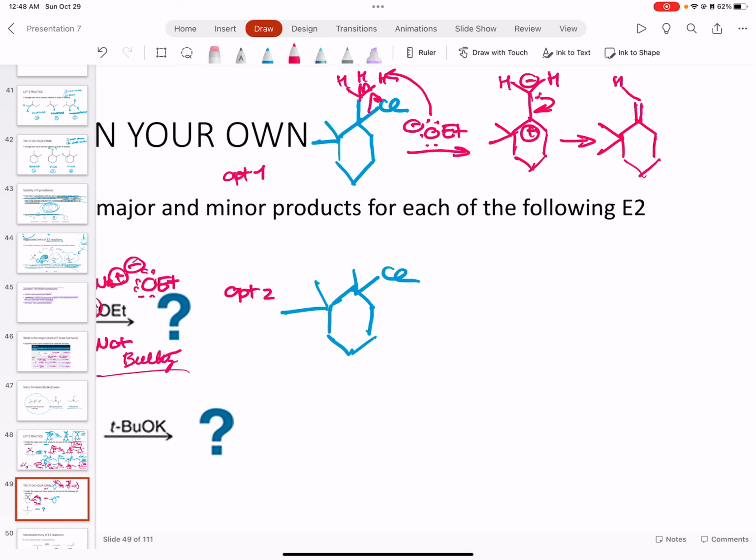And then we end up with something like this. Since they're hydrogens, we can act like they're not there. So then we'll have a disubstituted alkene.